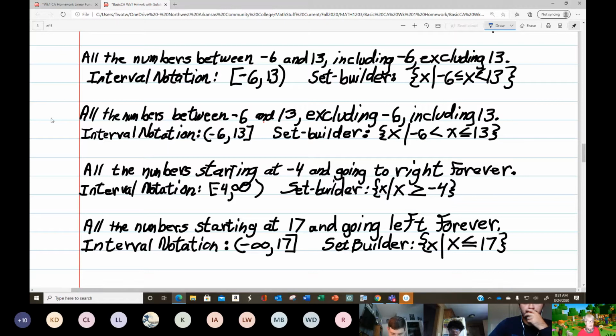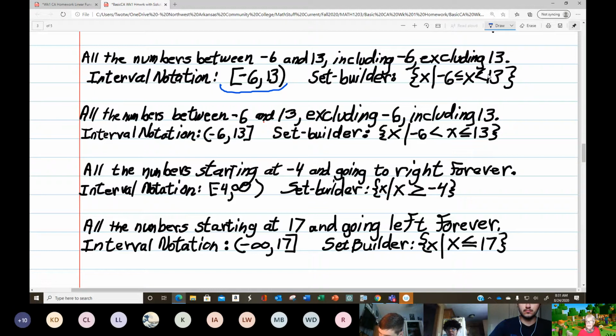In this one, we're including -6, but we're excluding 13, which means x can equal -6, but x cannot equal 13. This is the way we would say that in interval notation, and this is the way we would say that in set builder notation.